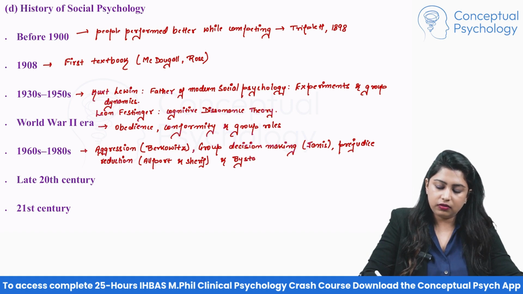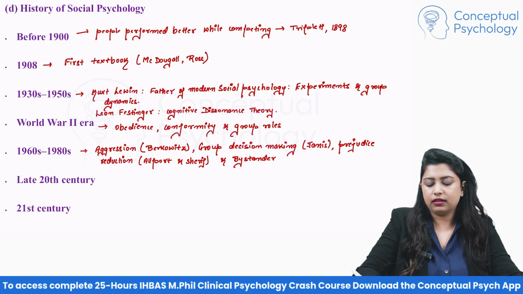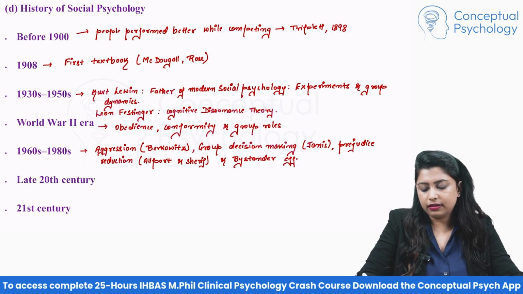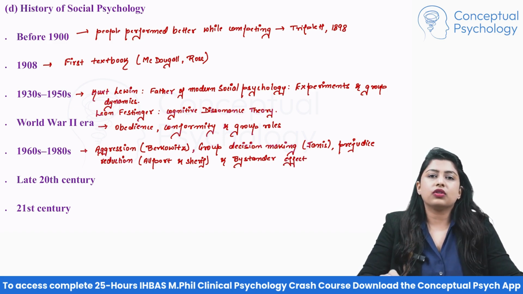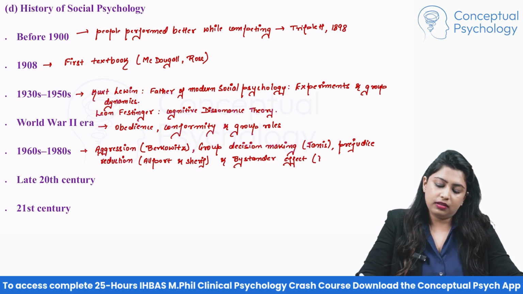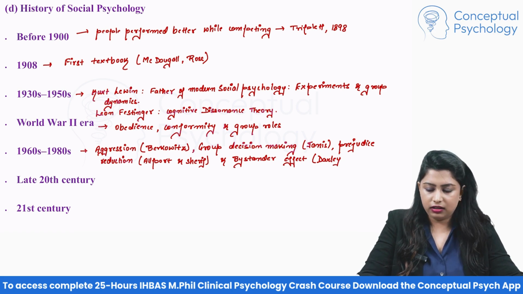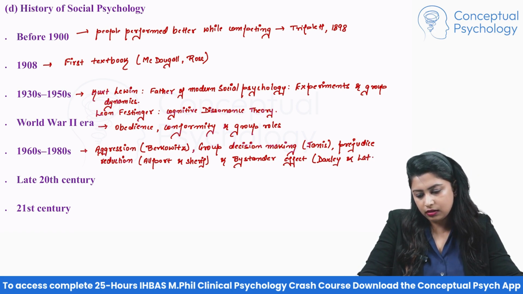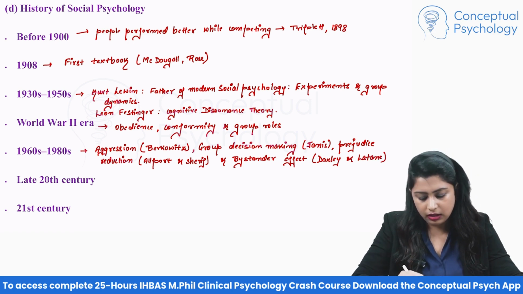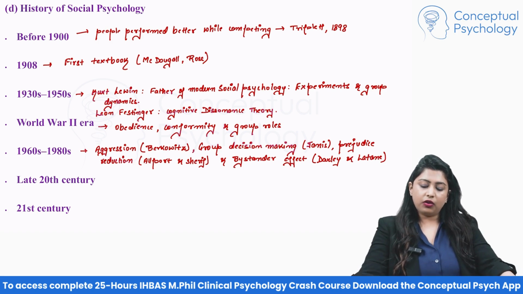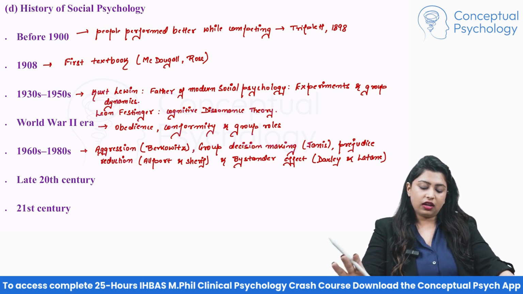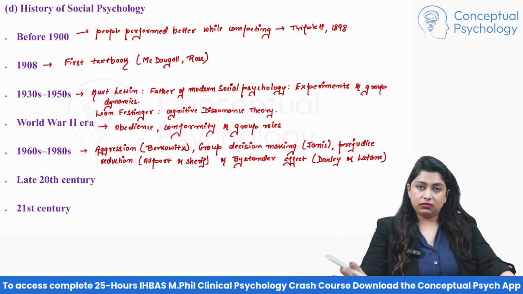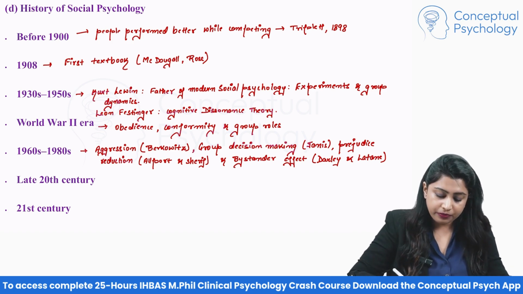Here we also look at the bystander effect, which is by Darley and Latané. Imagine, we've been studying prejudice reduction since the 1960s and 1980s, and till date, it's a work in progress.